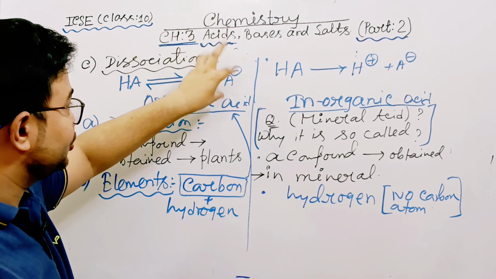So generally organic acids are weak, whereas generally inorganic acid are strong acid. Do you understand? It is not weak acid, it is weak.